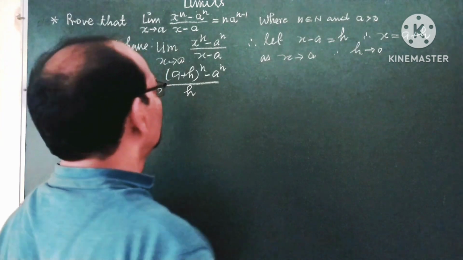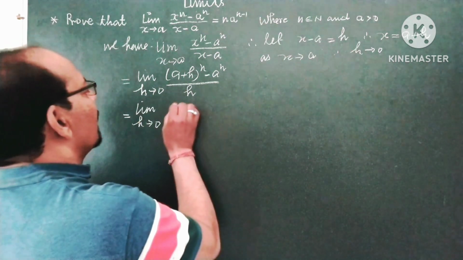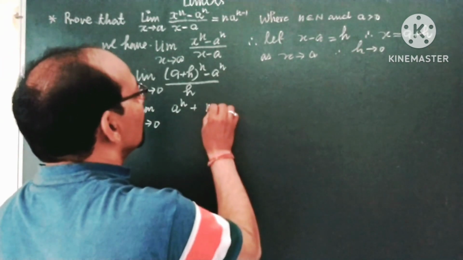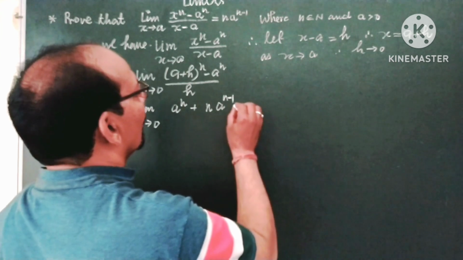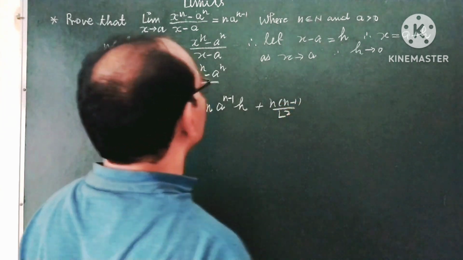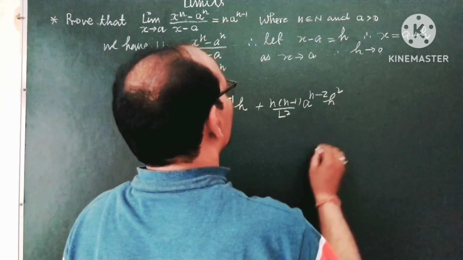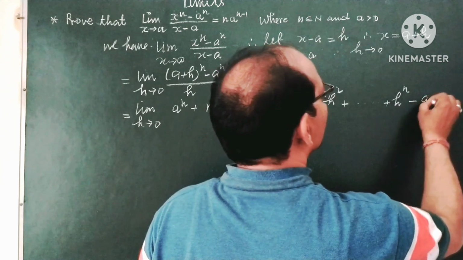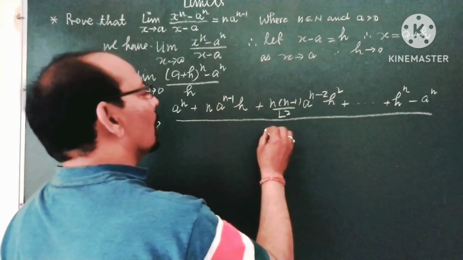There will be limit h tends to 0 and (a plus h) raised to n will be a raised to n plus, this is the first term, n into a raised to n minus 1 h plus n into n minus 1 upon factorial 2 into a raised to n minus 2 h square, plus and so on, the last term h raised to n, minus a raised to n, which is given here, and after that we write h.